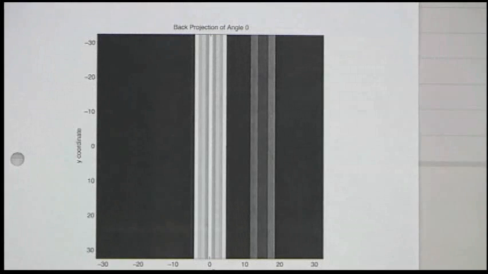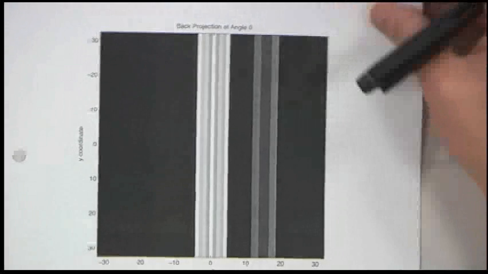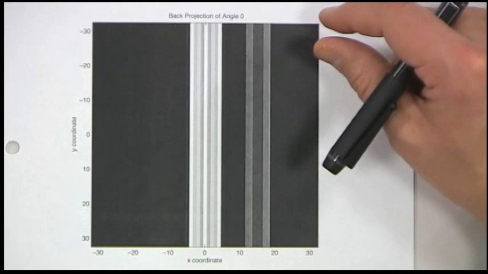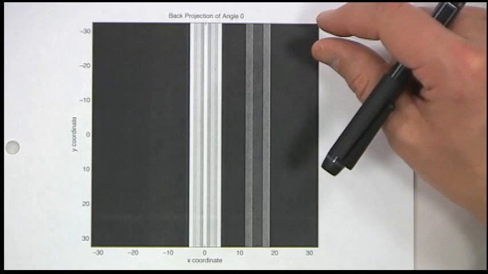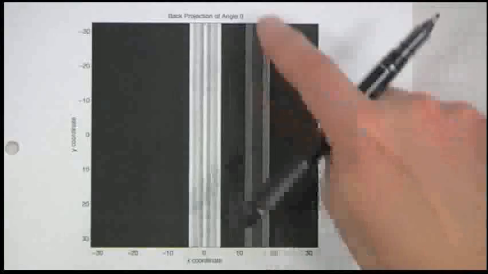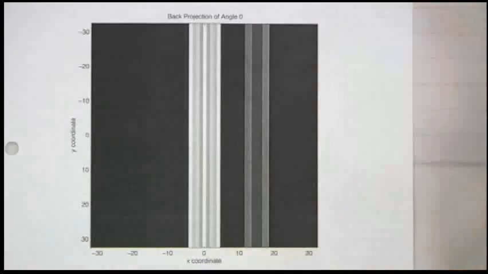If you add the first filtered back projection, you get this. That's just the filtered projection at angle 0, smeared back over the image, because that's what the back projection is.